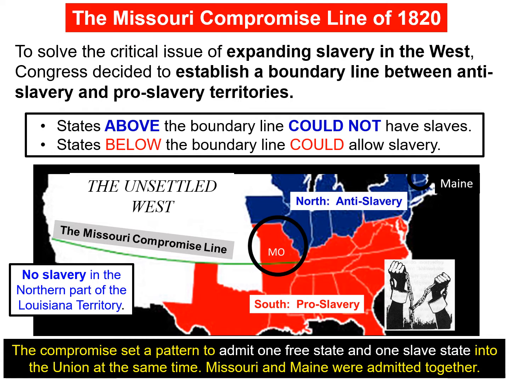So because Missouri was being added, the small state you'll see in the northeast area, the state of Maine, was added at the same time that Missouri was added. Okay, so this agreement kind of kept the peace between the North and the South about how they were going to move forward into the West when it comes to slavery.